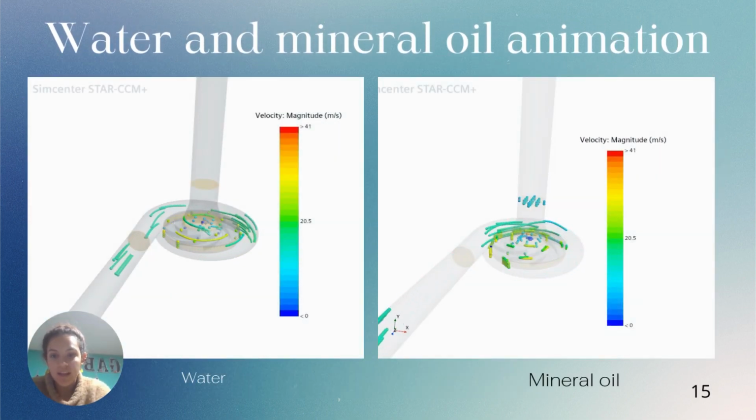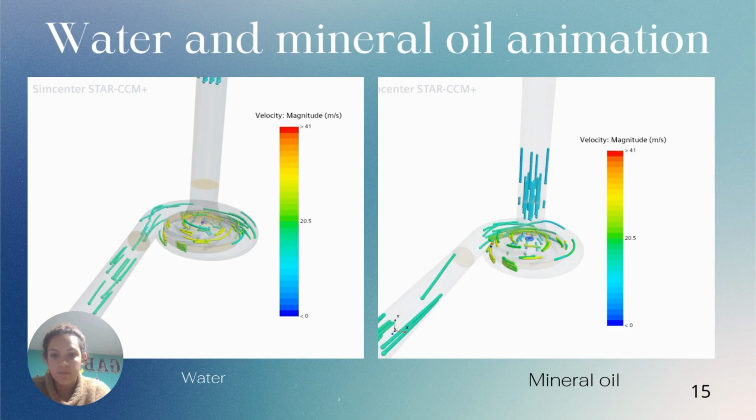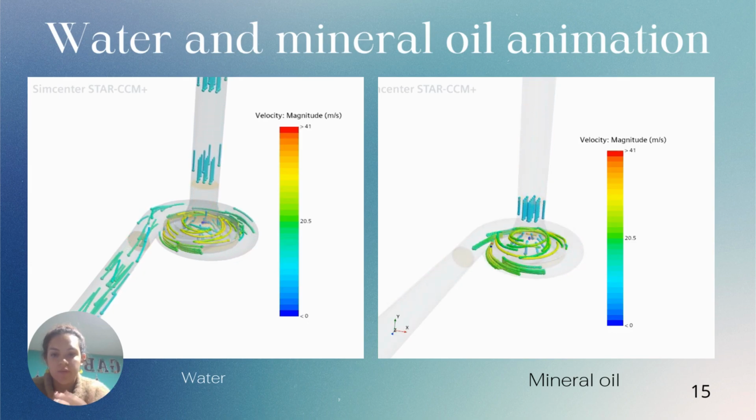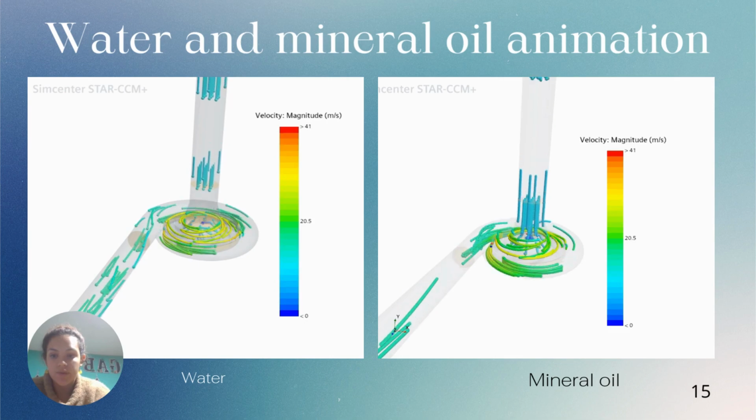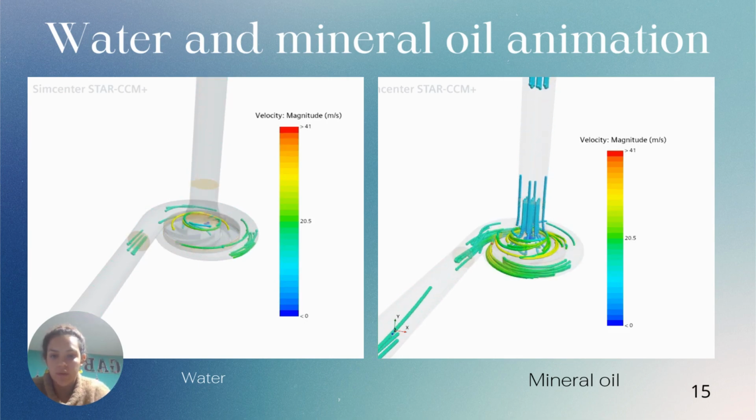As we witness the dynamic animation of this pump handling both water and mineral oil, observe closely as the velocity magnitude in the mineral oil surpassed that of the water. This compelling demonstration underscores the unique characteristic of these fluids.